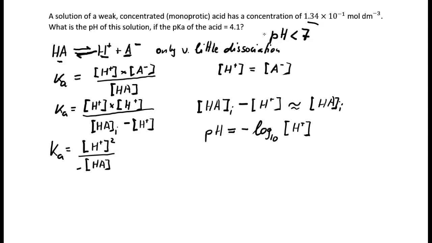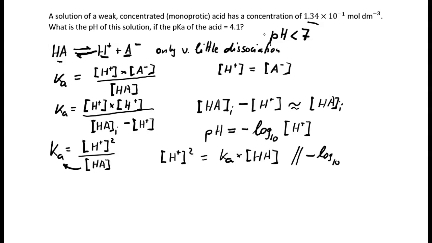Well, we just bring this one to the other side, and we've got the proton concentration squared equals Ka times the acid concentration that we had at the start. And what we can do now is take negative log base 10 of both sides, and then we will see what happens.